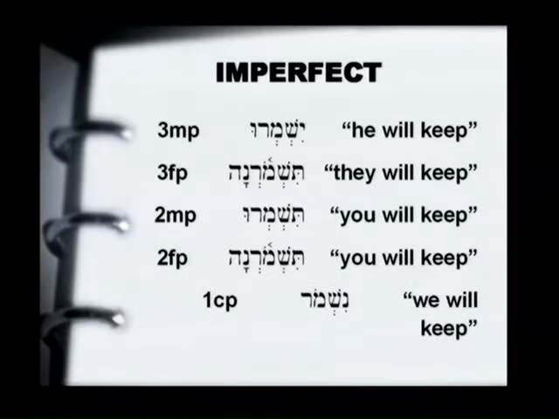And the first common plural, nishmor, has a nun prefix. All right, let's read these together. Yishmeru, tishmorna, tishmeru, tishmorna, nishmor. All right. We'll let that sit for now.